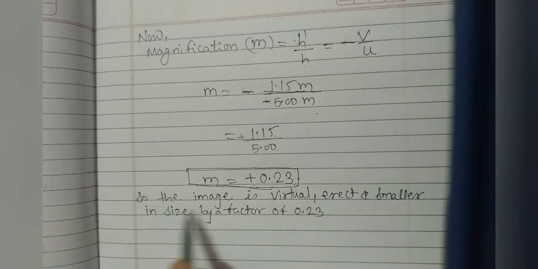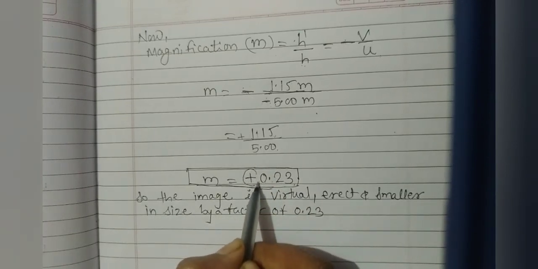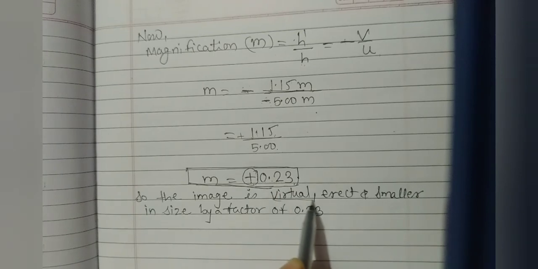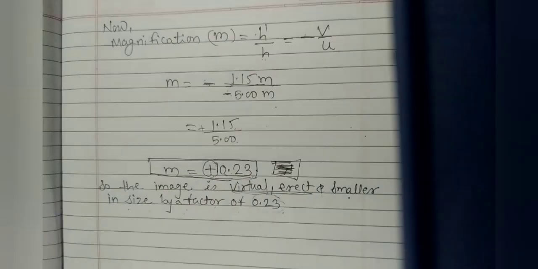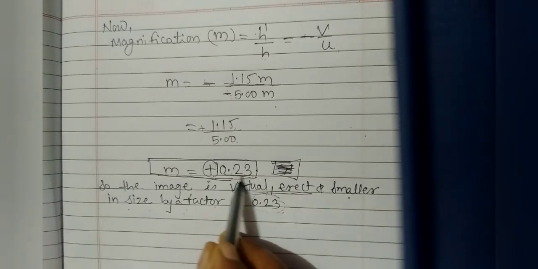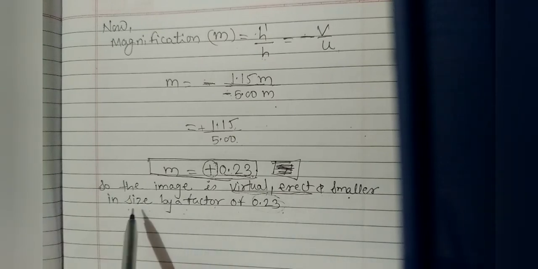On solving this, we can obtain the value of magnification as plus 0.23. As the value of magnification is plus, what we learn is that if the value of magnification is positive, that means image is virtual and erect. As the value of magnification is smaller than 1, that means the image is smaller than the object.